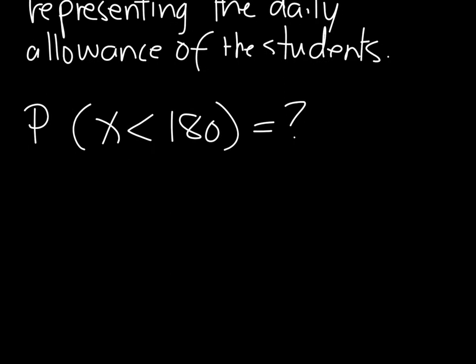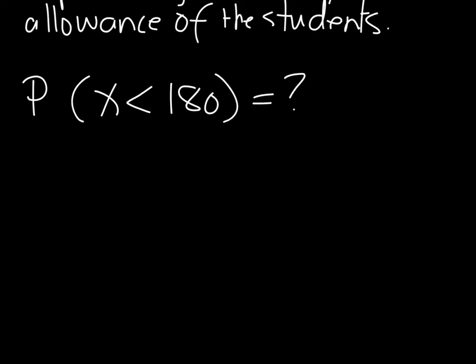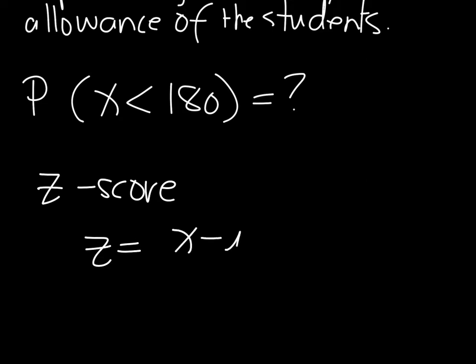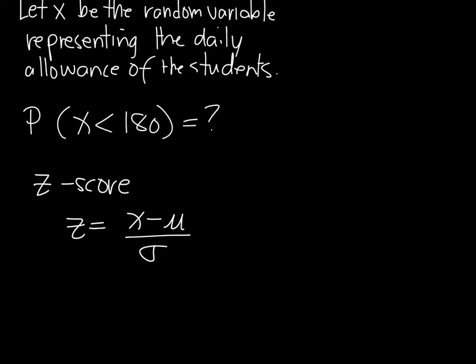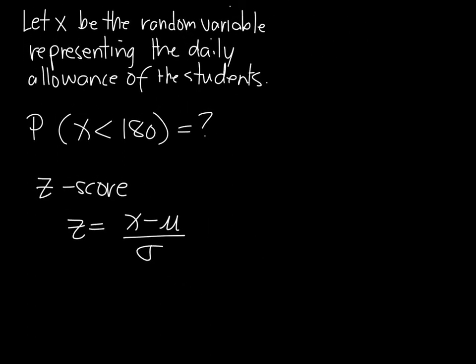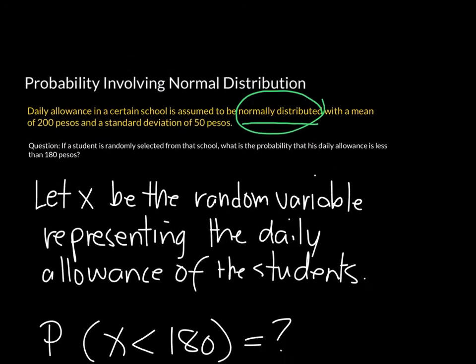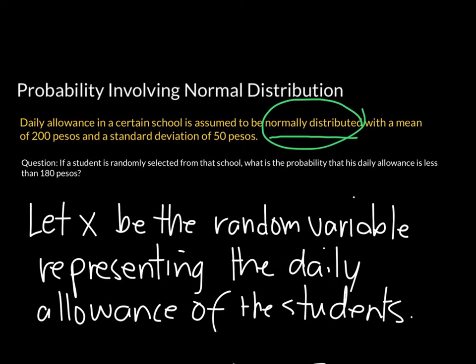To find the probability, we need the value of the z. Z is the z-score. And the z can be computed by the formula x minus mu over the standard deviation sigma. So what is our mu and what is our sigma? We have to go back to the information given in the problem.